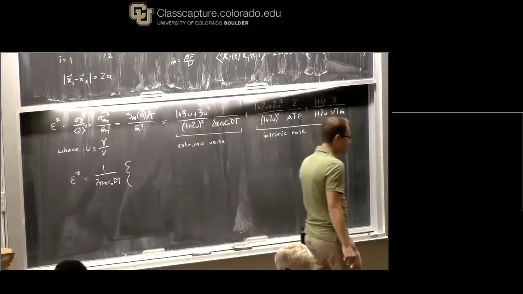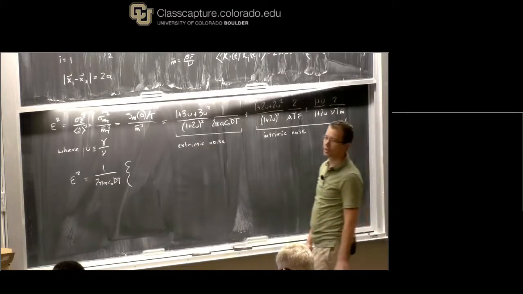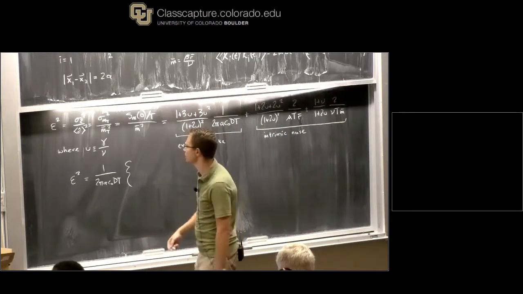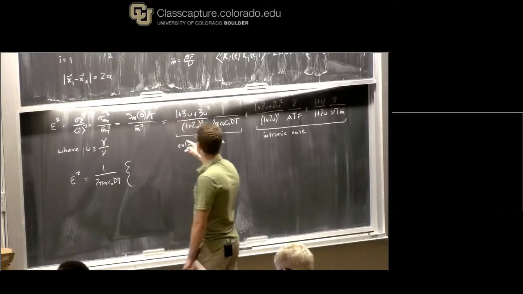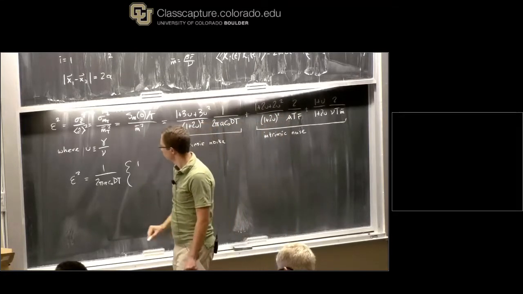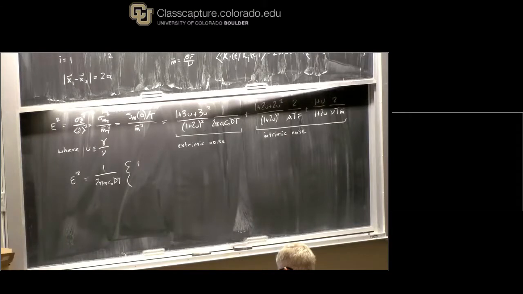Well, if u is 0, that corresponds to the cells not communicating at all. Okay? So that should sort of reduce to basically what we've been looking at previously, except my model's a little different, so maybe it'll change a prefactor here and there. But if u is 0, you can see that this reduces to 1. Okay? Which means in this model, if you care about prefactors, the prefactor is 1 over 2 pi.